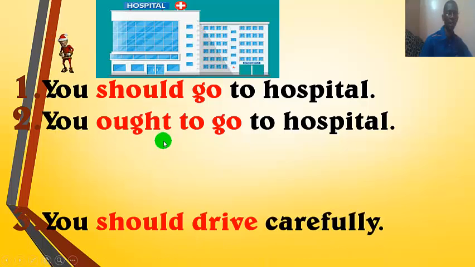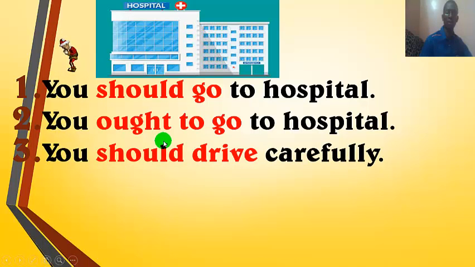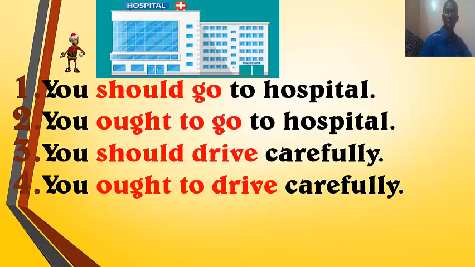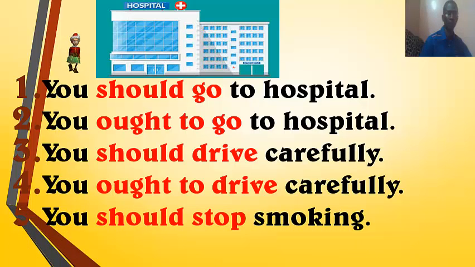So, number 3, you should drive carefully. Tu devrais conduire avec prudence. You can say also, you ought to drive carefully. You ought to drive carefully is also another possibility. Number 5, you should stop smoking.